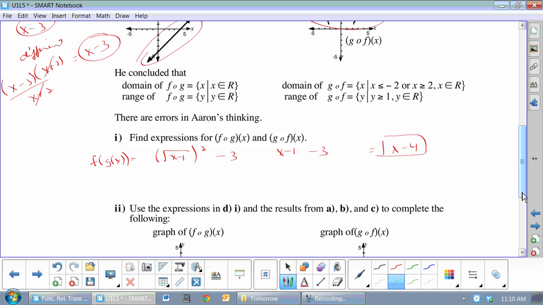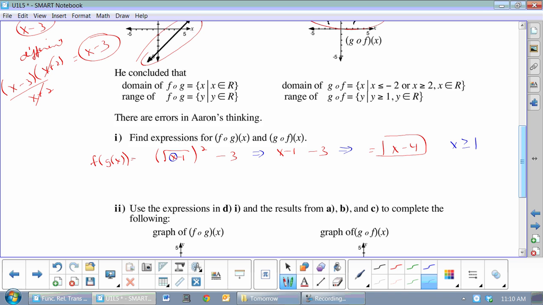And our restriction is right here. We have to follow that rule. Therefore, what x's am I only allowed in this question? X has to be greater or equal to 1.